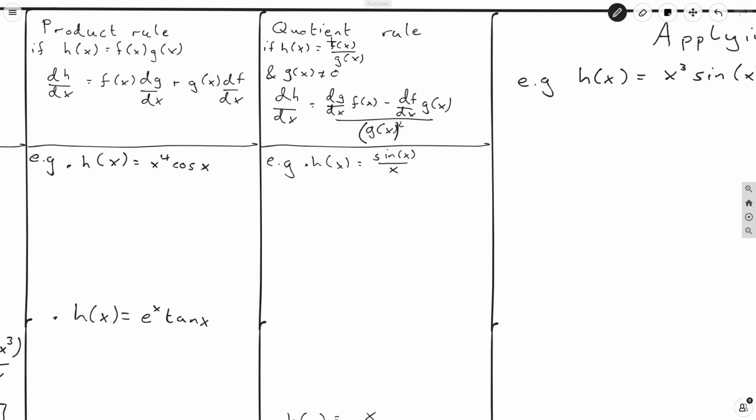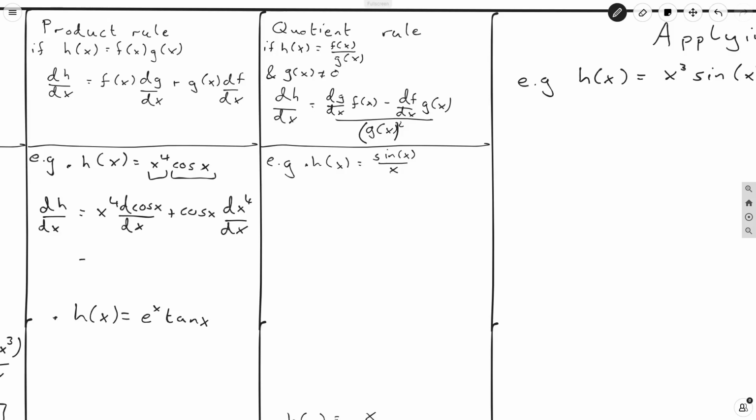So in this case, h of x is equal to x to the 4 times cosine x. This is a product of two functions, x to the 4 and cosine of x. So to work out what dh dx is, we would simply write down it's equal to the first, x to the 4, times the derivative of the second, d cos x dx, plus the second times the derivative of the first.